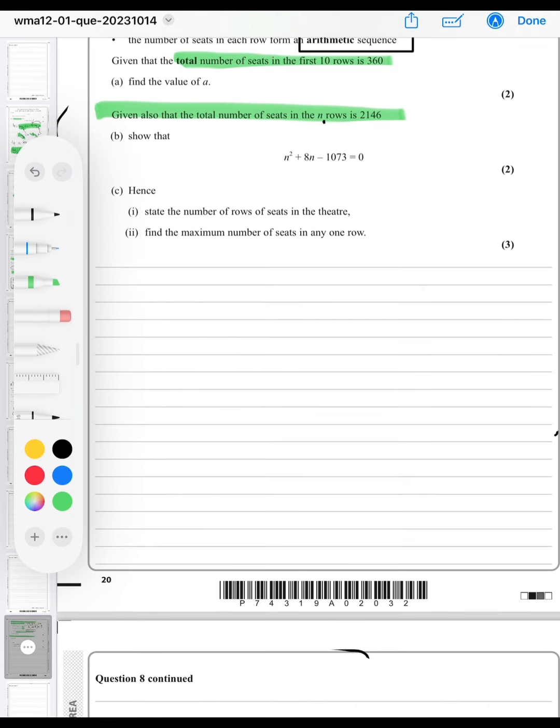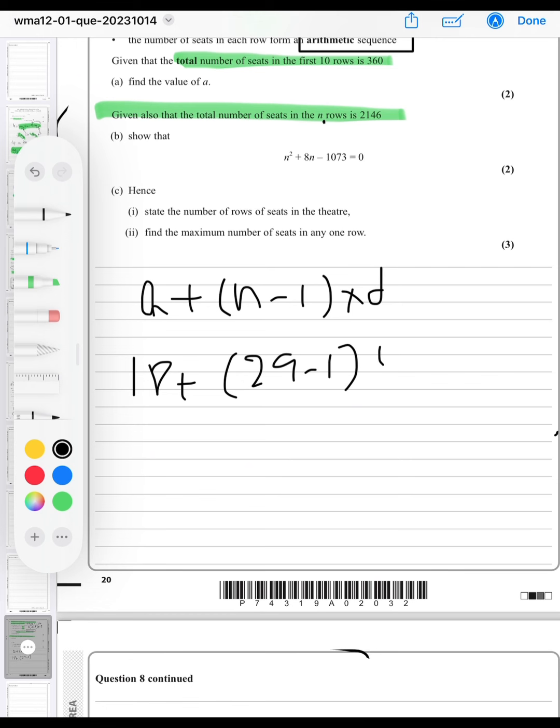The arithmetic sequence formula is a plus n minus 1 into d. So for the maximum number of seats, hold on just a minute, a equals 18, and then n is 29 minus 1 and d is 4, so the maximum number of seats is 130.